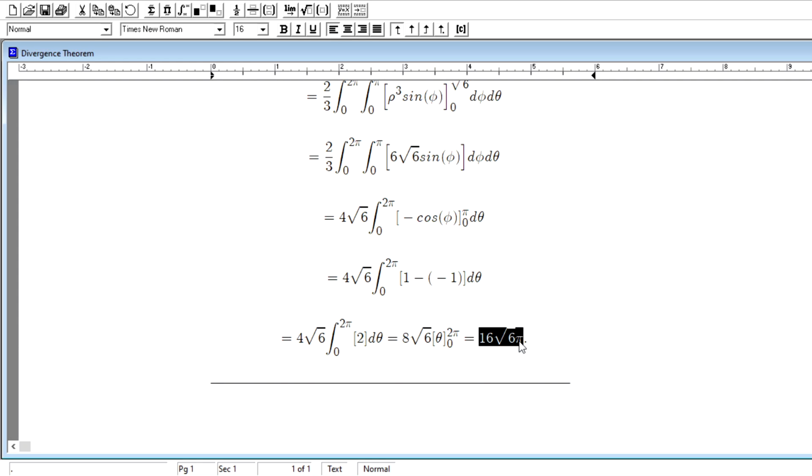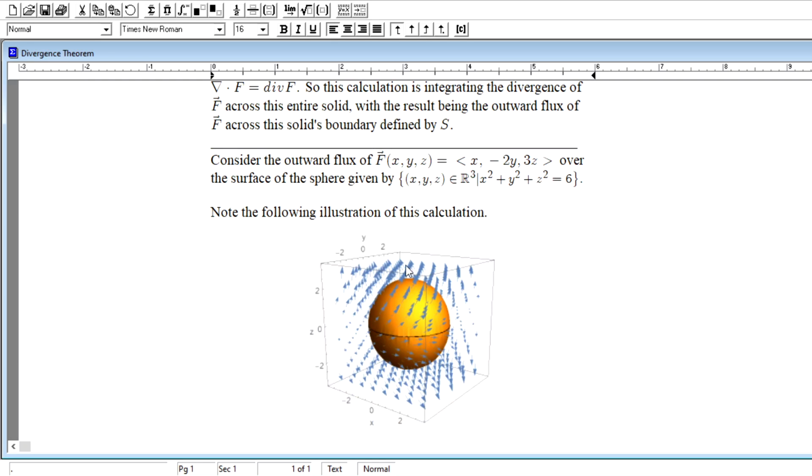And what this calculation is here, folks, is the measurement for the outward flux of this vector field across the spherical surface. There is a positive outward flux, right? More of the field is passing through the surface in an outward motion than is moving into the surface.